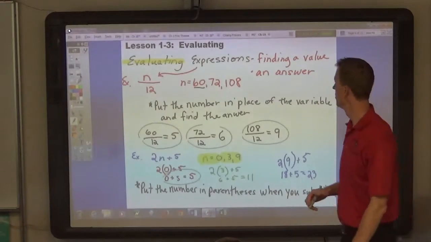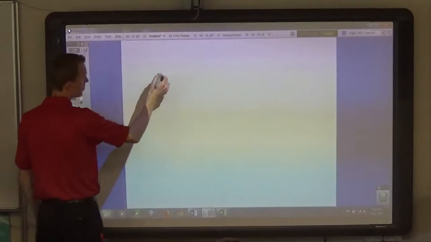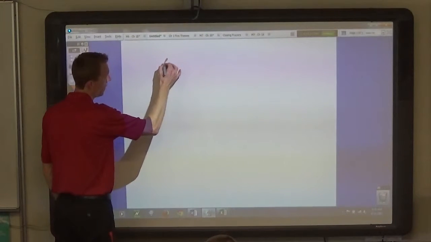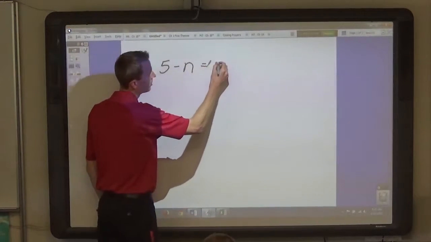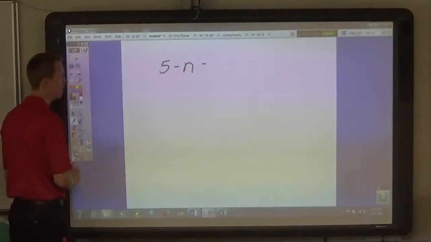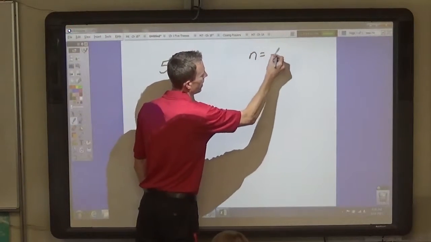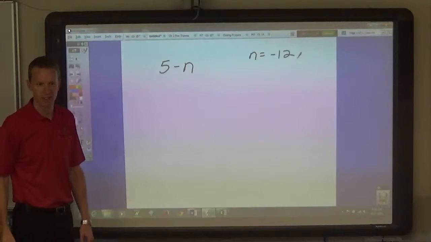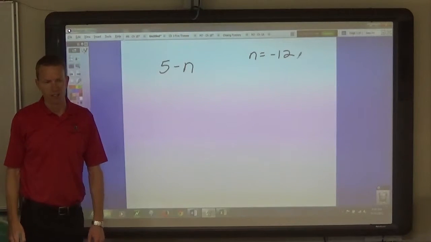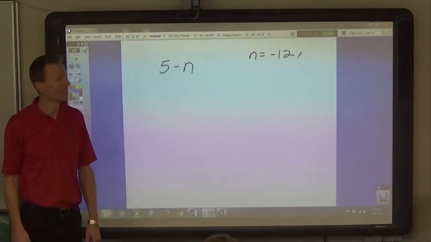All right? For example, what if you were substituting in a number like this? 5 minus n, and n is negative 12. What would you do with this? What's the answer to this? Asa? 5 plus 12.